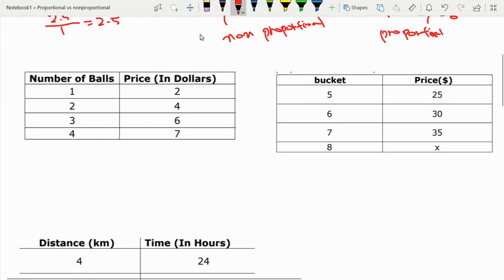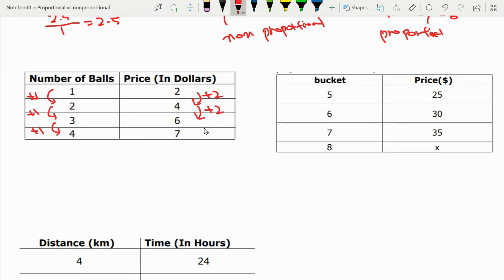So let's do another slide. Here we go. Let's find out whether this one is proportional or non-proportional, and at the same time, what is the constant of proportionality or slope? So 1 becomes 2, I'm adding 1. 2 becomes 3, I'm adding 1. 3 becomes 4, I'm adding 1. All right, 2 becomes 4, I add 2. 4 becomes 6, I add 2.